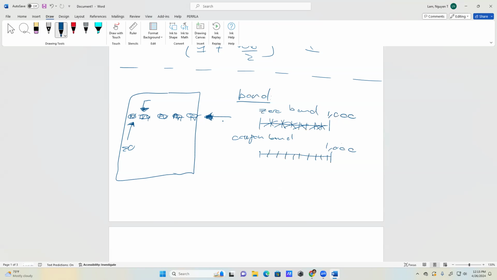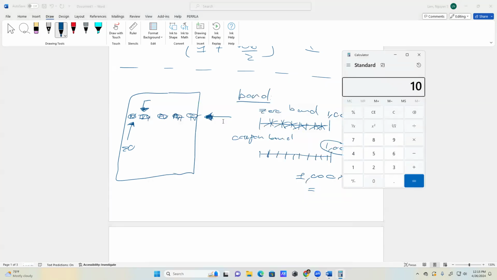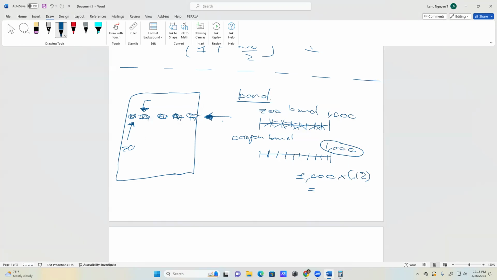So what it means is that 12% of that 1,000 is the coupon payment. What is 12% of 1,000? 1,000 multiplied by 0.12, right? So it's going to be 120 as a coupon payment for each payment.